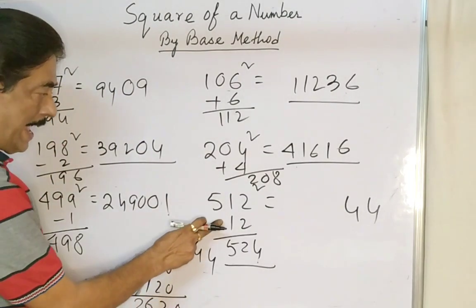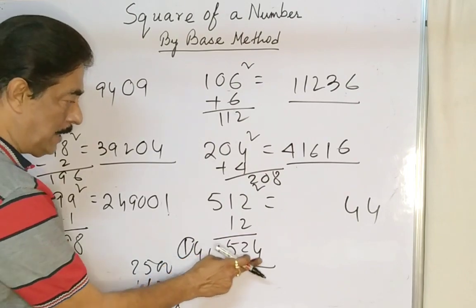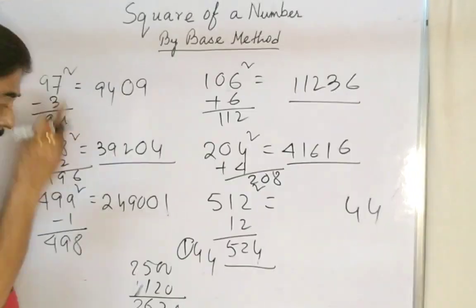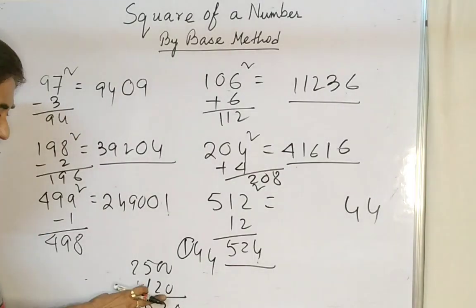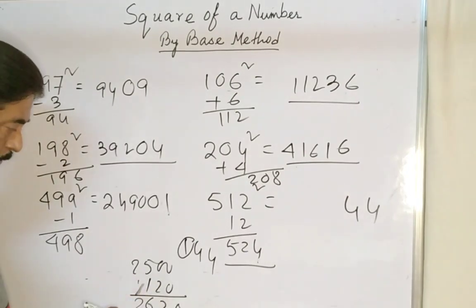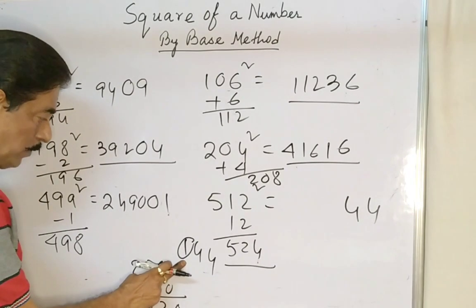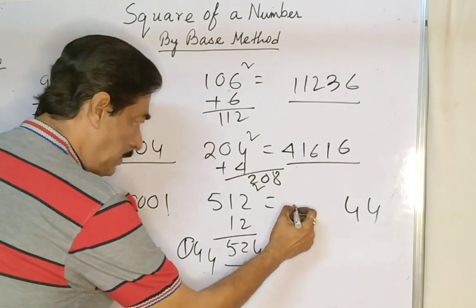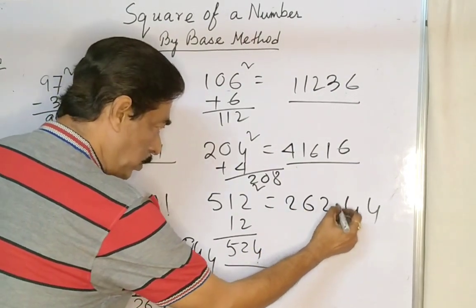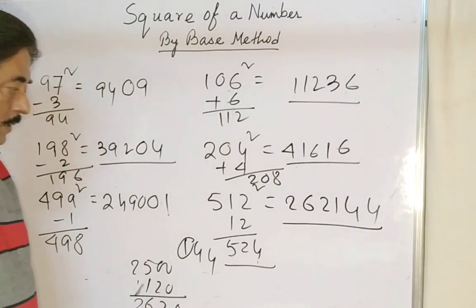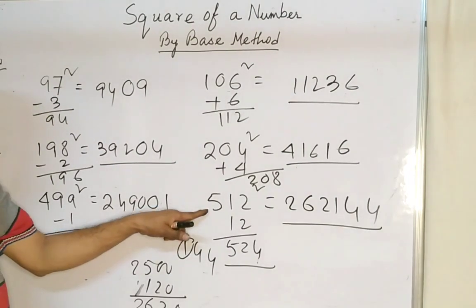Remember here. Add 12, your result 524, and make it 5 times. 5 times means 120 plus 2500, so 2621, and carry 1 last. So your result is 262144. Remember very carefully, your base is 500.